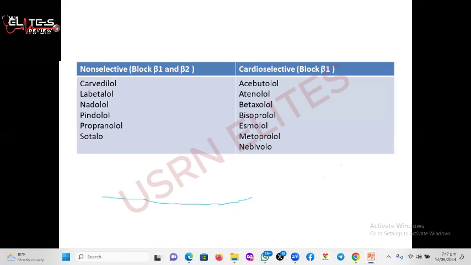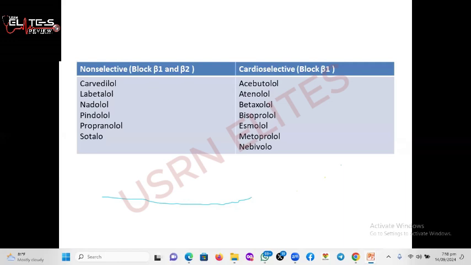Then we have the selective beta blockers and the non-selective. Selective beta blockers only affect the heart. And so if someone has asthma or any bronchospasm disorder, you can use the cardioselective in them.